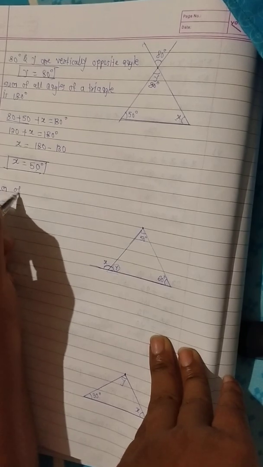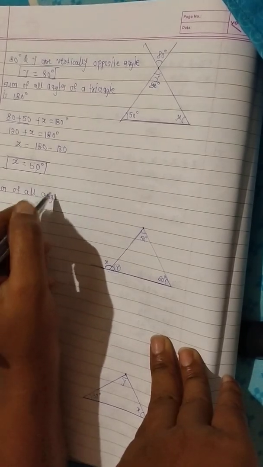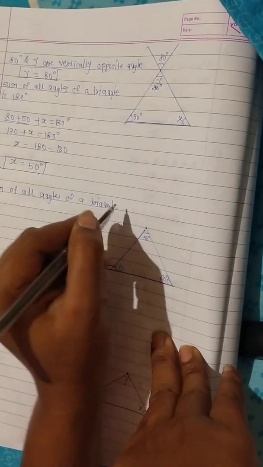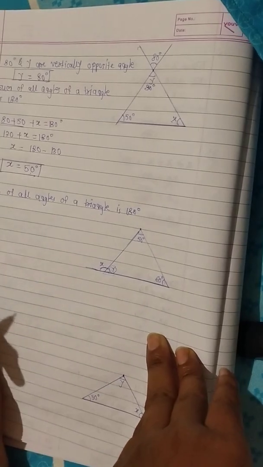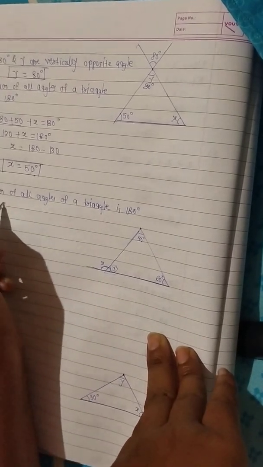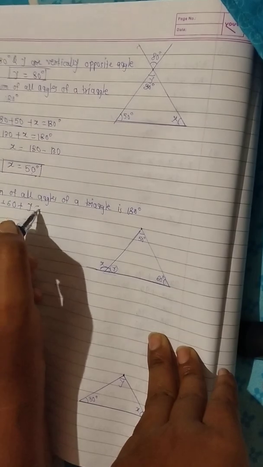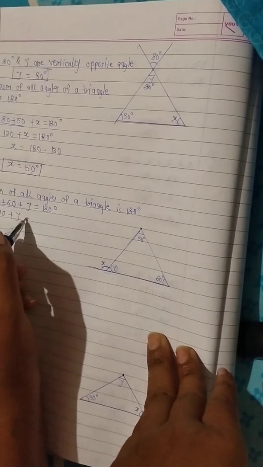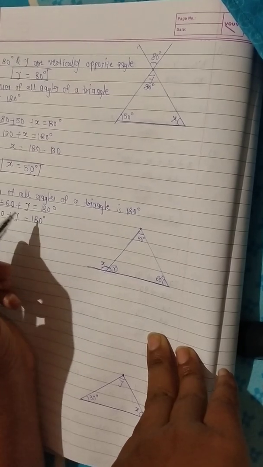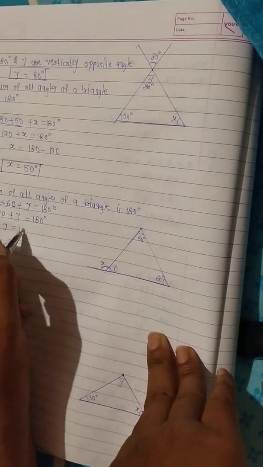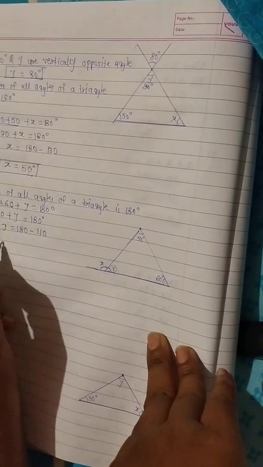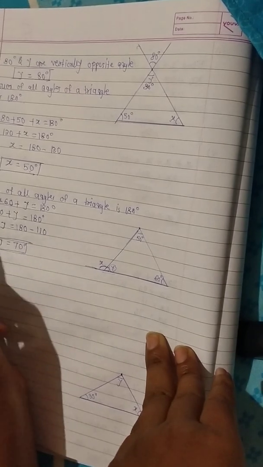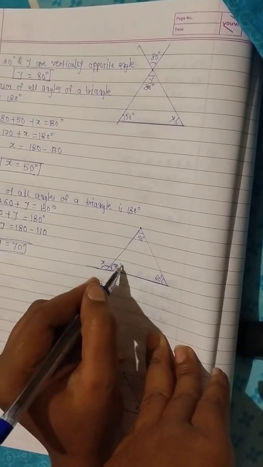Sum of all angles of a triangle is 180 degrees. So 50 plus 60 plus y is equal to 180 degrees. 50 plus 60, that is 110, plus y is 180. So y is equal to 180 minus 110, which is 70 degrees. So the value of y is 70 degrees.